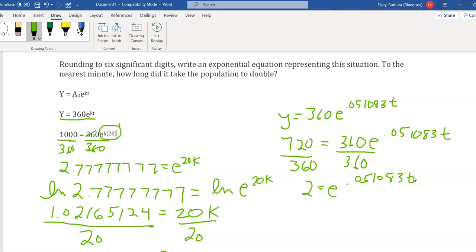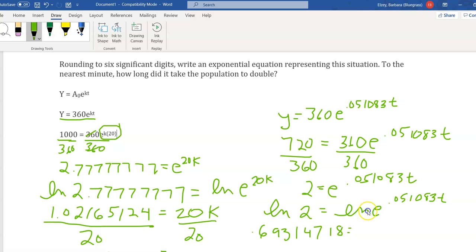Next step in solving an exponential equation, let's take the natural log on both sides. On the left side, if we put the natural log of 2 into our calculator, that is 0.69314718.